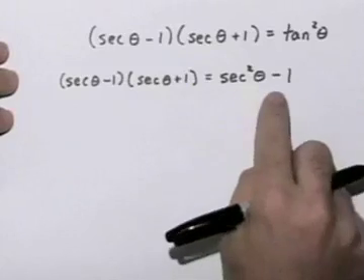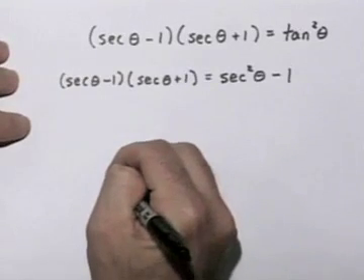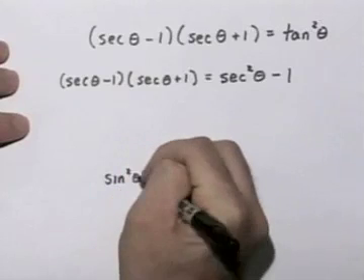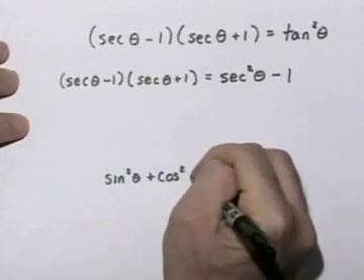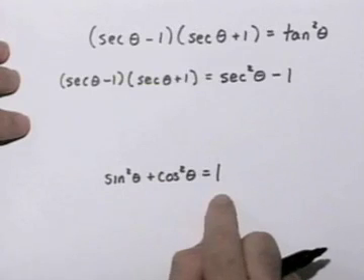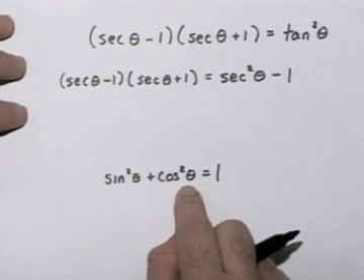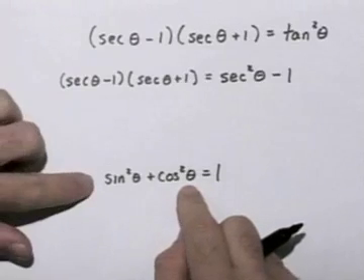To help you figure this out, consider your basic Pythagorean identity, which is sine squared of theta plus cosine squared of theta equals 1. If I was to divide both sides of this expression by cosine squared of theta, I would get the following.